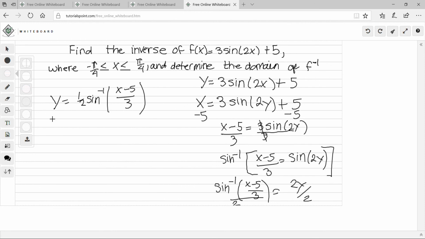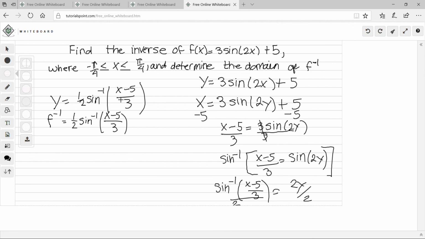So our inverse is basically this. So f inverse is this whole thing, right? 1/2 sine inverse of x minus 5 over 3.